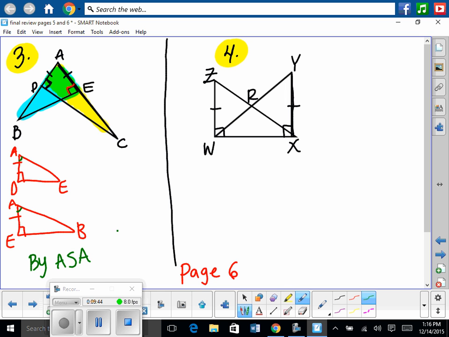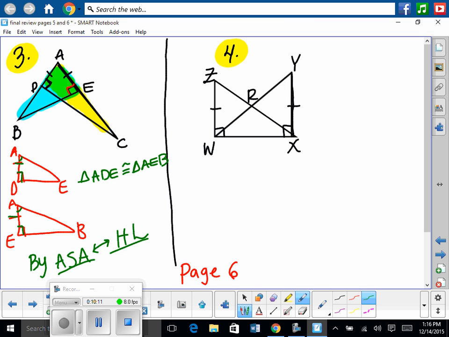Also, we could say by HL, which means hypotenuse leg. Because we have a hypotenuse and one leg in common, we can say by HL that they are congruent. So you could use either for this. And since we know they're congruent, we can now write a correct congruence statement. So ADE is congruent to AEB.